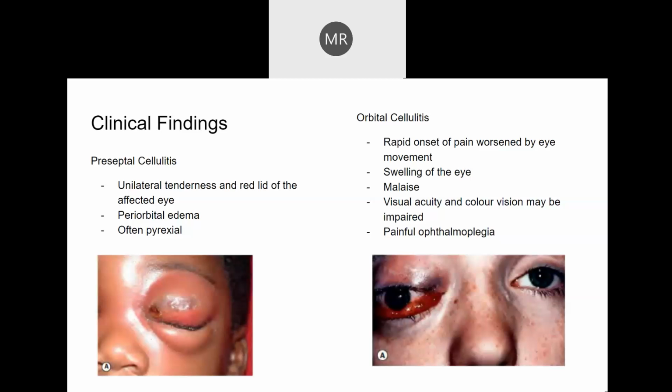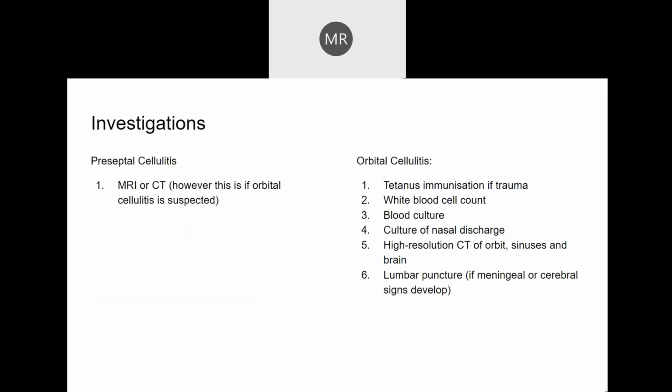However, for orbital cellulitis, as you remember, the orbit is affected, as well as the structures behind it, such as the fat and the muscles. So there is a rapid onset of pain worsened by eye movement, as well as rapid onset of malaise and fever, and there is swelling of the eyes and painful ophthalmoplegia. For treatment, next please, I'll pass to my friend.